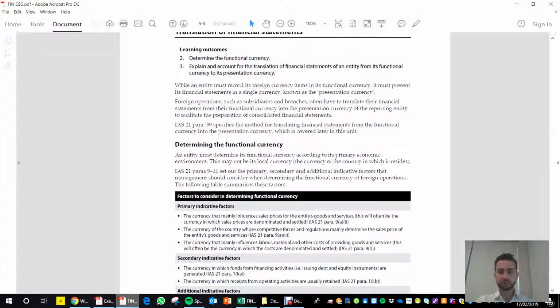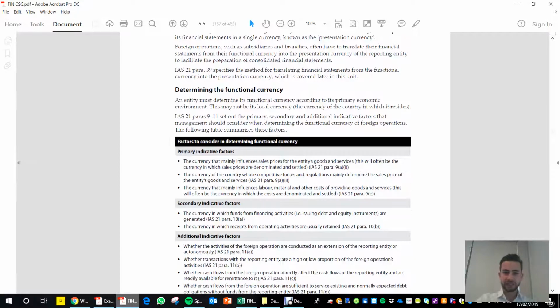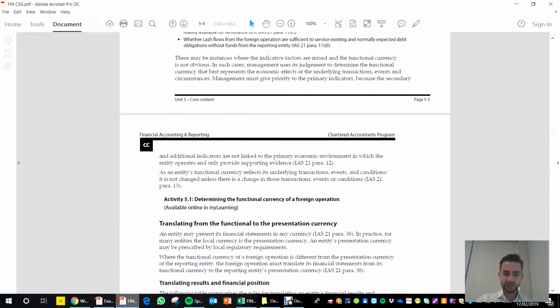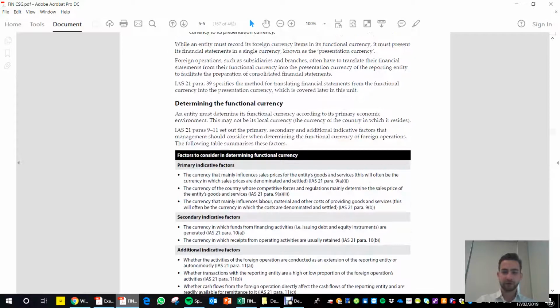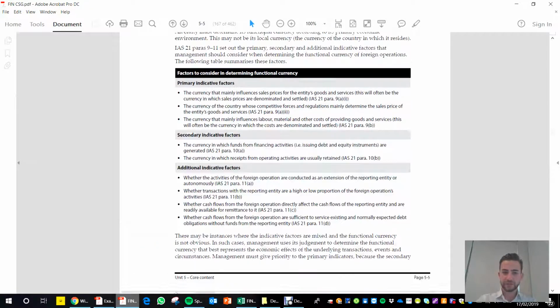However, what the presentation currency is determined by is these factors here. So it's the currency which influences sale prices for the entity's goods, the currency in which competitive forces or regulations mainly determine the sales price, the currency that influences labor, material, and cost of goods sold, etc. So sometimes these are the primary factors.